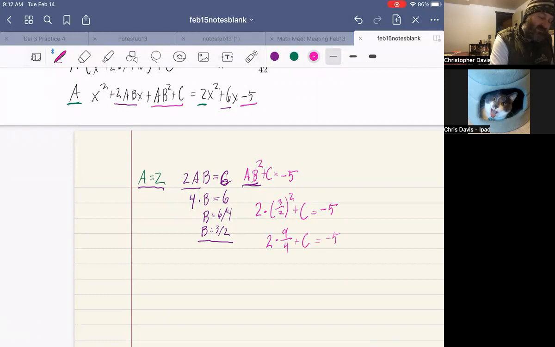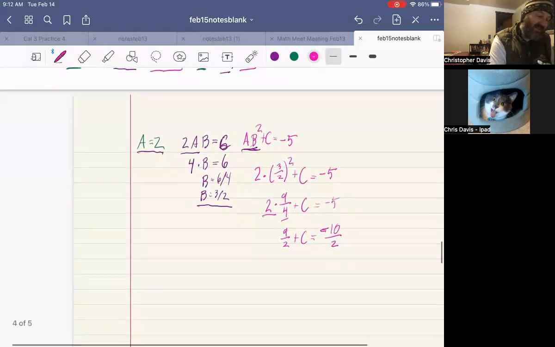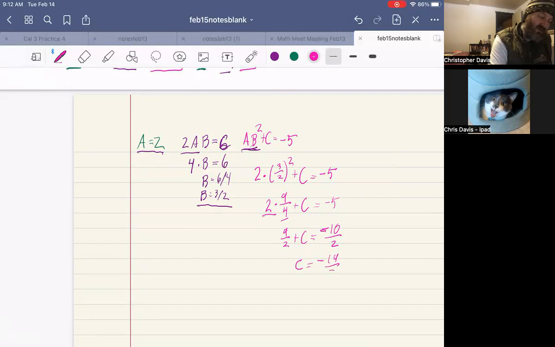We can cancel this 2 with one of the 2's in the 4. 9/2 plus C equals, and you know what? Let's get a common denominator in advance since I know I'm about to need it. Subtract the 9 over 2 to the other side. C equals negative 19 over 2.